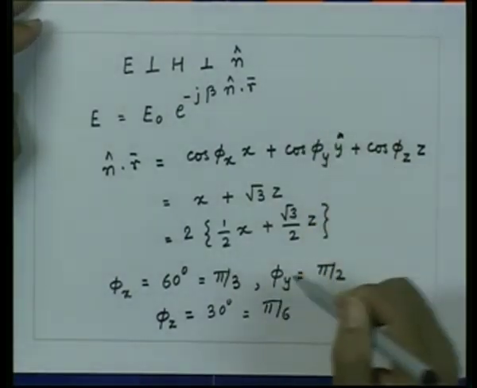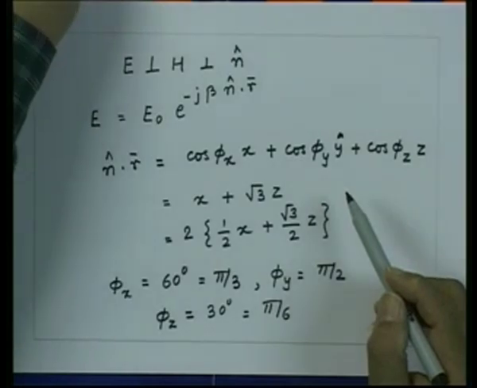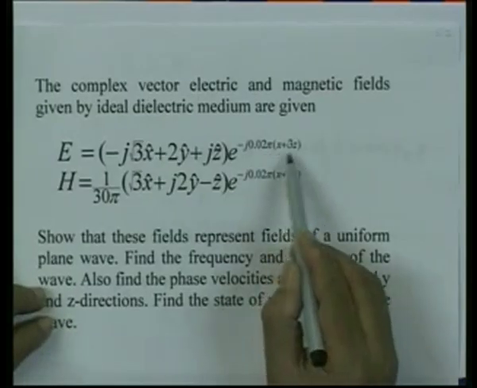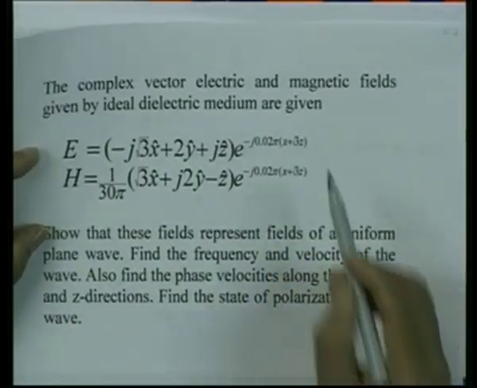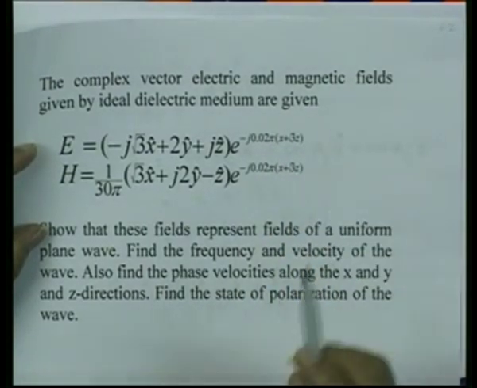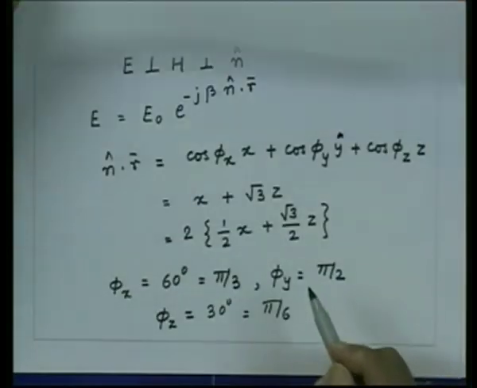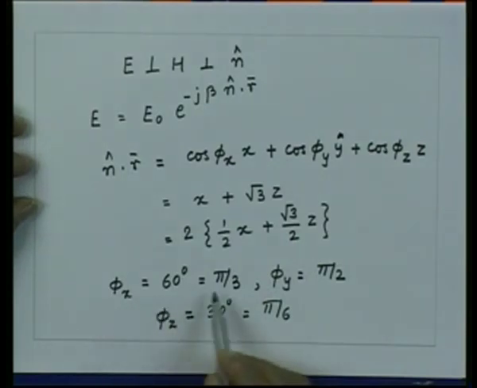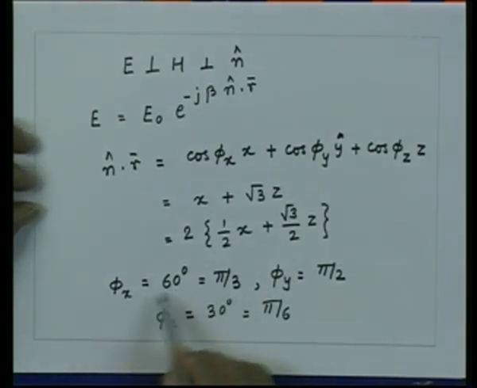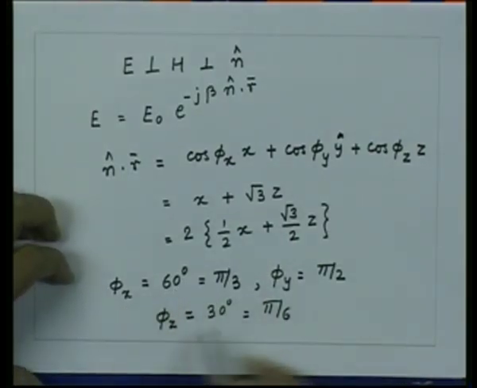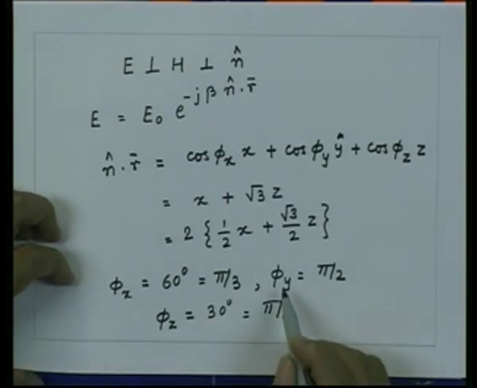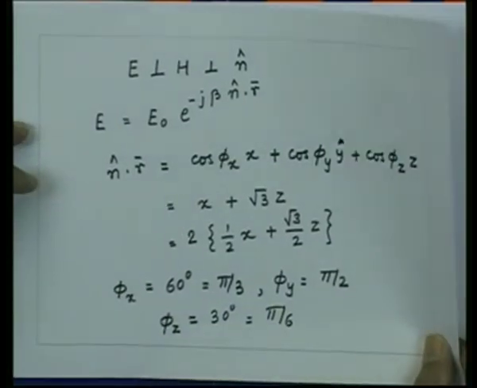One thing we can note from here is that since the phase function has only x and z terms, the wave is propagating in the xz plane. That is what we see here: the wave normal makes an angle of 60 degrees with the x axis, 30 degrees with the z axis, and 90 degrees with the y axis. That means the vector lies in the xz plane.